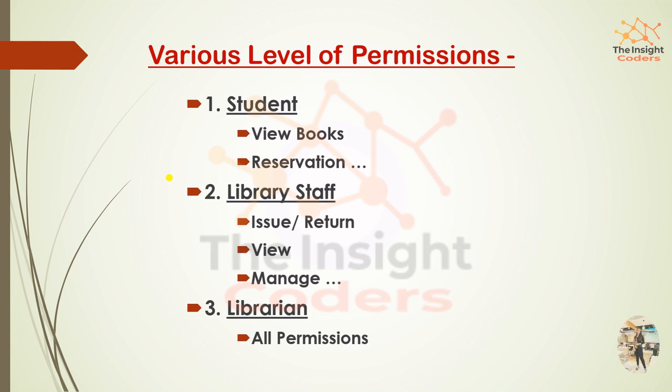So for that the admin comes into place, who has all the permissions. Generally, we have a different role for admin and all the permissions are given to the admin, not exactly to the librarian. There might be some permissions which the librarian doesn't have. So depending upon the complexity of the project, we have different roles with different privileges. This is where authorization comes into place.